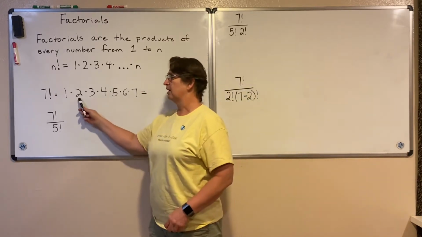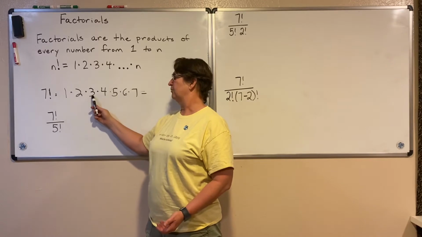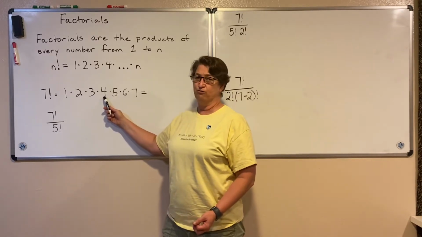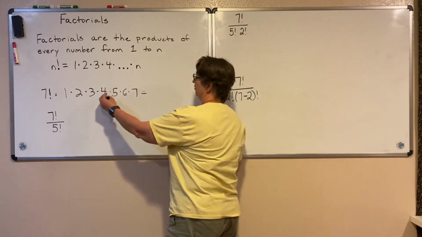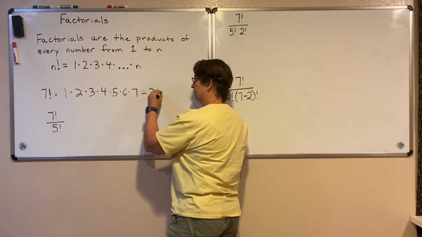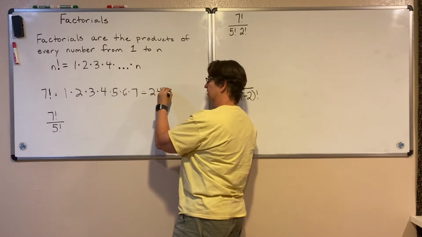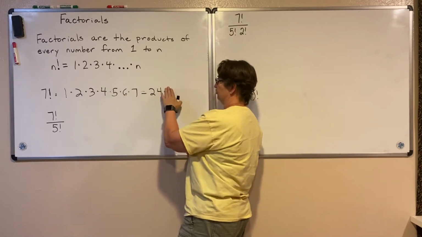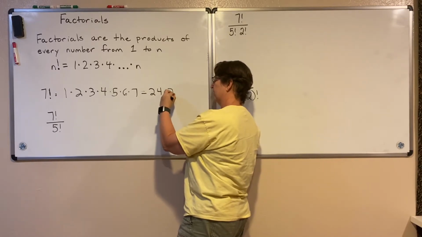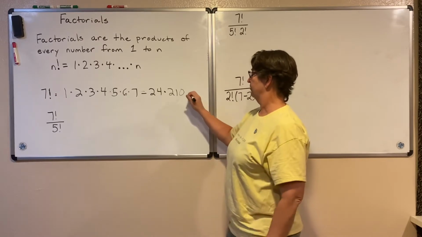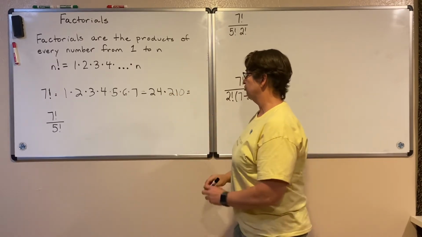So I have 1 times 2 is 2, times 3 is 6, times 4 is 24. We're starting to get a little bigger now. 24, well, 5 times 6 is 30. Well, and times 7 is 210. And then we multiply those two numbers together.